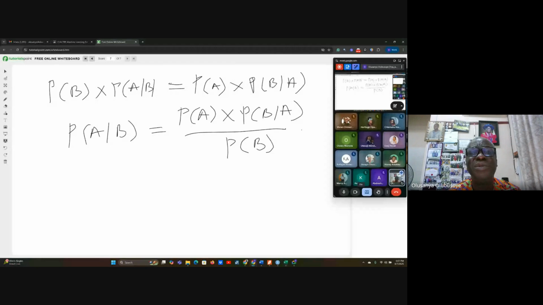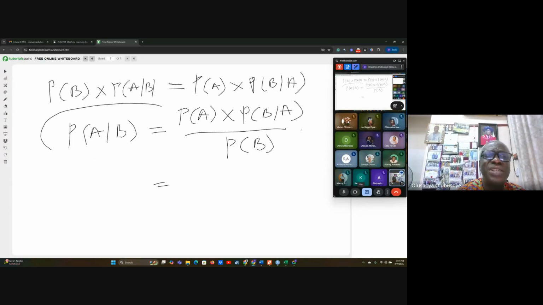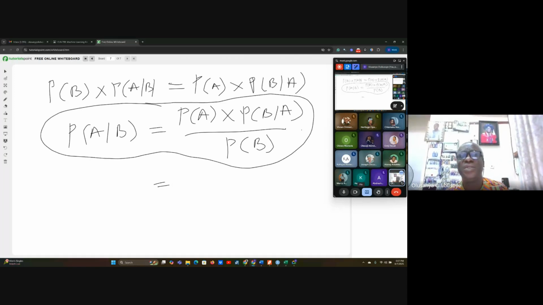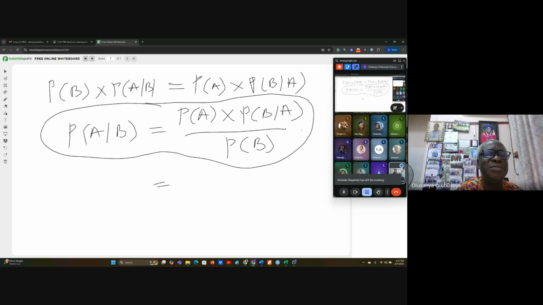If you go back to where we actually started, this expression is what we call the Bayes theorem. It is the formula for Bayes theorem.